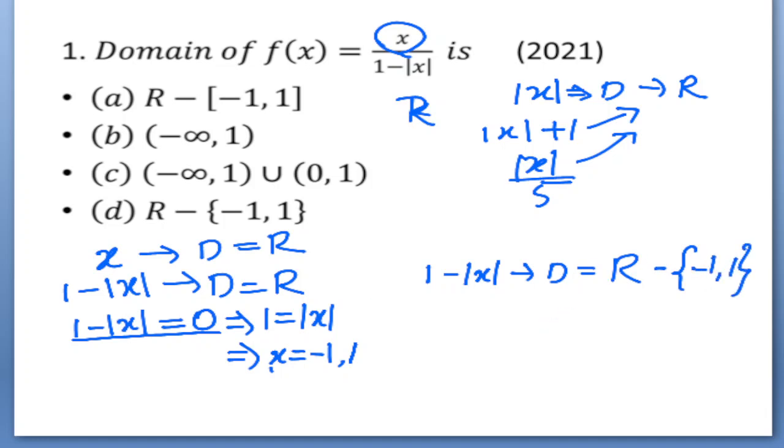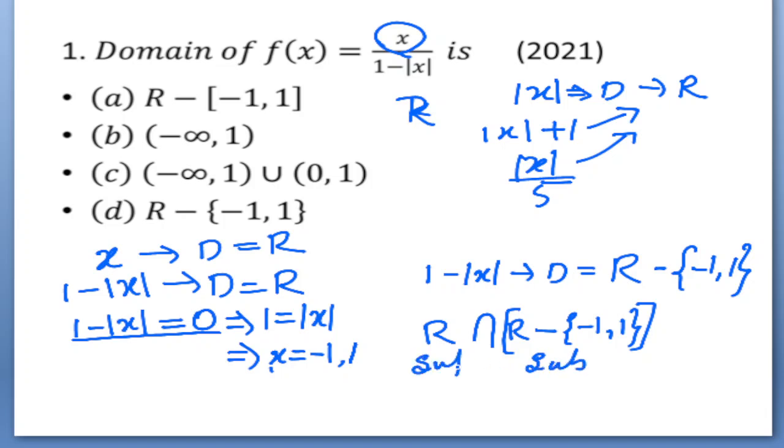Now clearly in this case, in the numerator you have set of all real numbers. In the denominator, set of all real numbers excluding minus 1 comma 1. So we need to go with the intersection of these two. Now the second set here is the subset of the first set. The first set is the superset, the real number set.